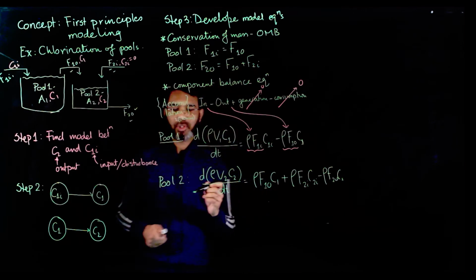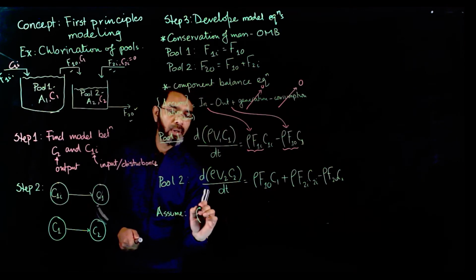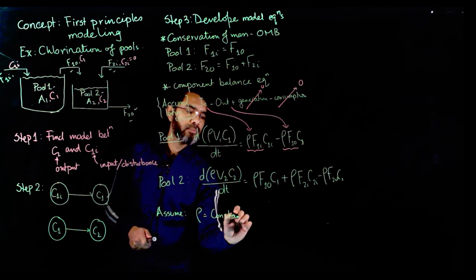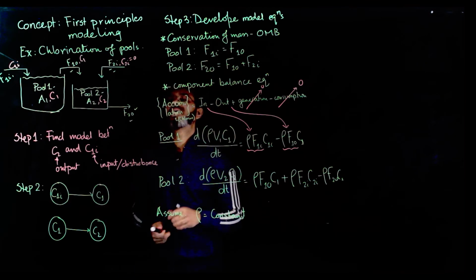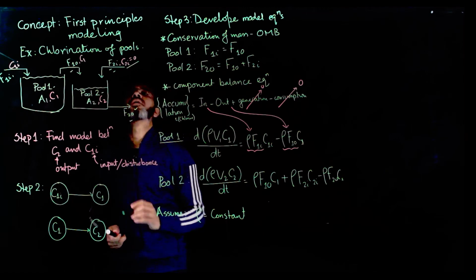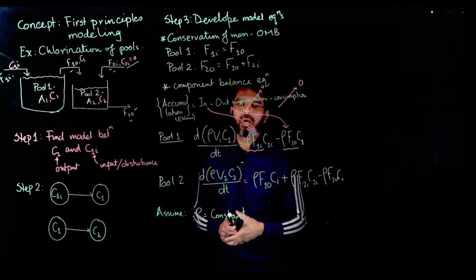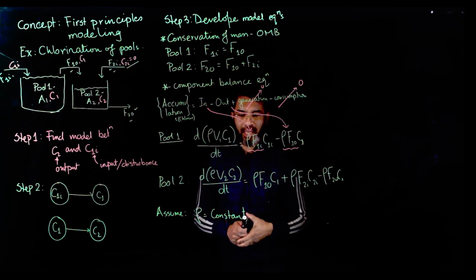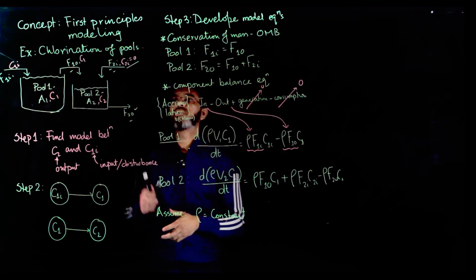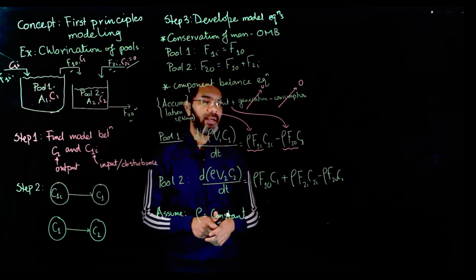We'll make the assumption that rho remains constant. Also, we have assumed that C2I, the second stream coming to the pool, is pure water, there is no chlorine there. So C2I equals 0, that's another assumption we already made.